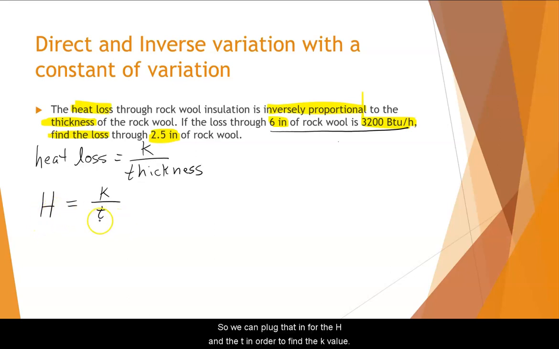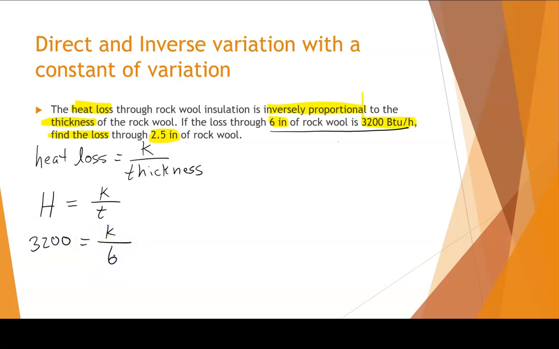So we can plug that in for the H and the T in order to find the K value. 3,200 is our heat loss. K we don't know. T is 6. Multiplying both sides by 6, I found that 19,200 equals K.